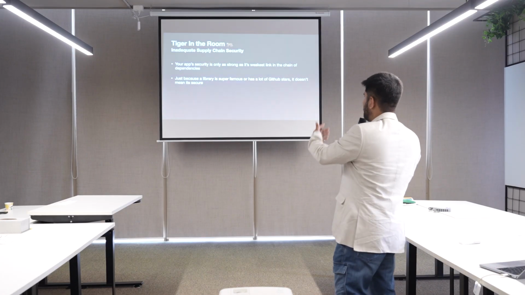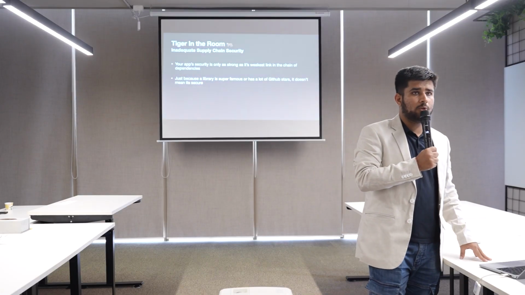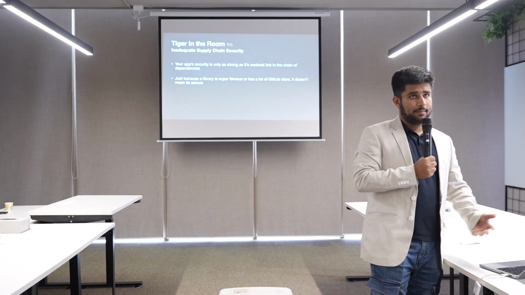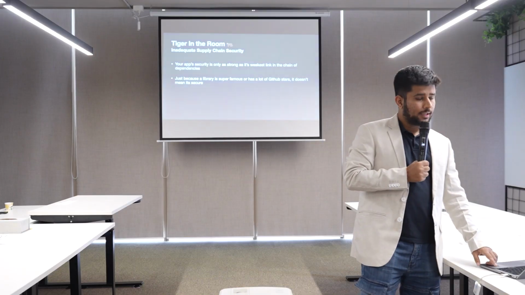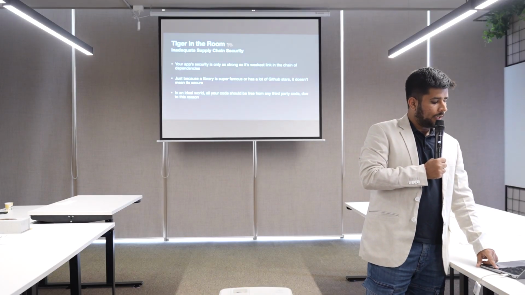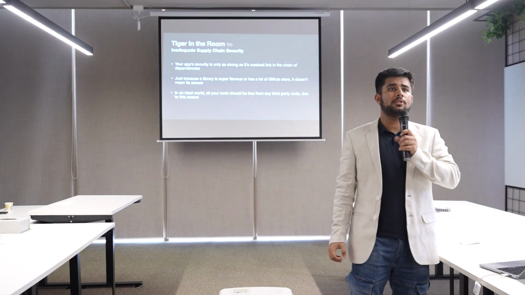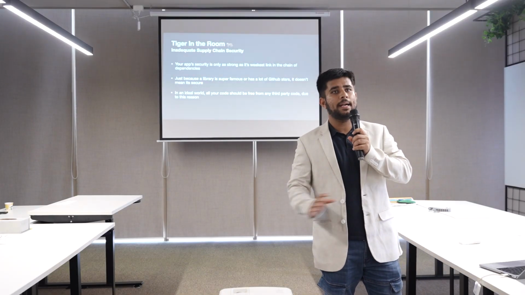Just because a library is super famous or has lots of stars, it doesn't mean it's secure. You need to do a thorough check before actually integrating it. The next case study I'm going to present will actually surprise you. In an ideal scenario, your code should be free from all third-party dependencies.